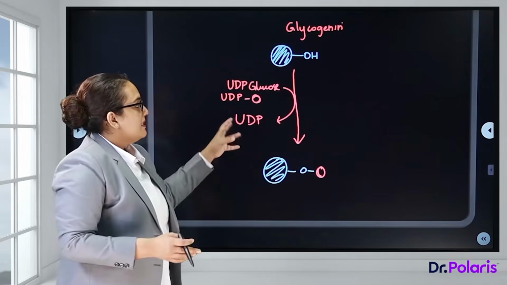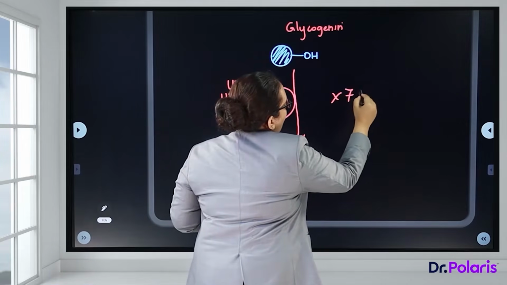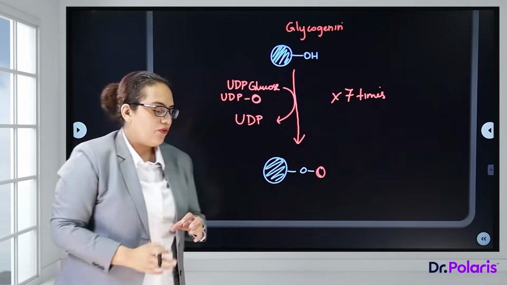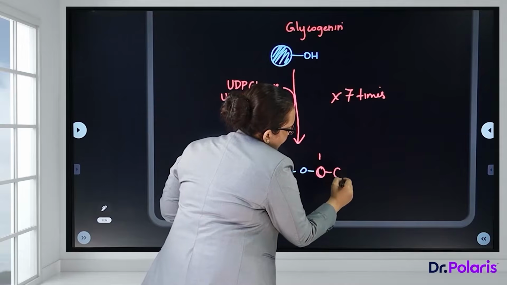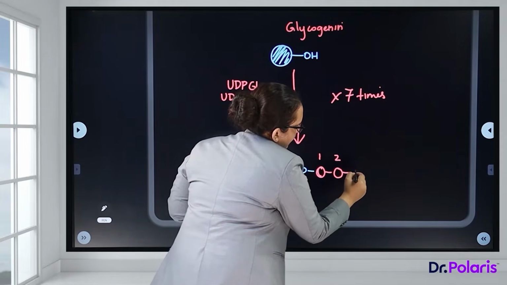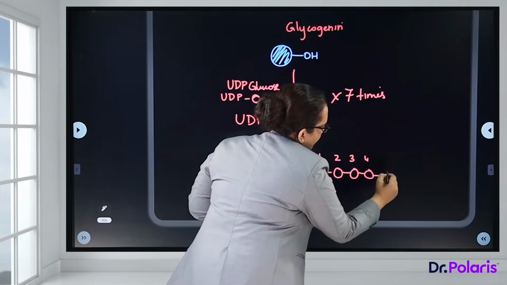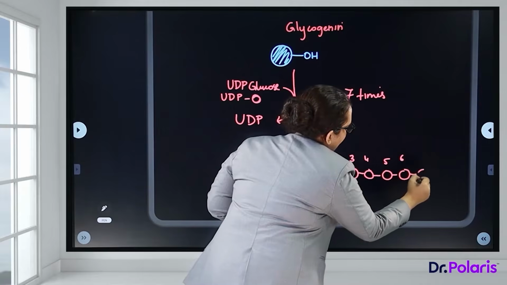Now what happens is, this step will occur 7 times, so that a short stretch of glucose unit is formed. So this is the first glucose added. Then again UDP glucose will add another glucose. This is second one. Then you have a third glucose unit added, fourth one, fifth one, sixth, and then seventh.